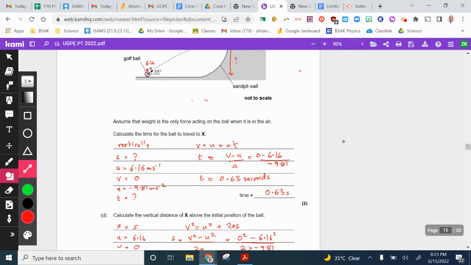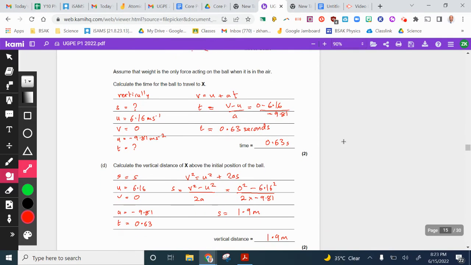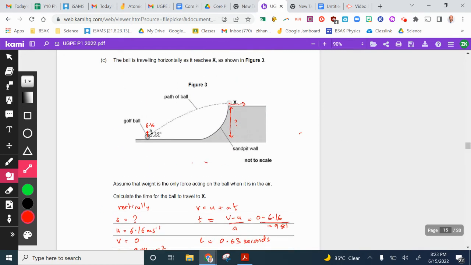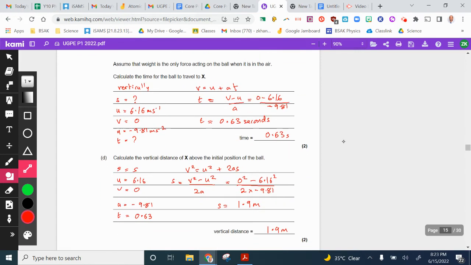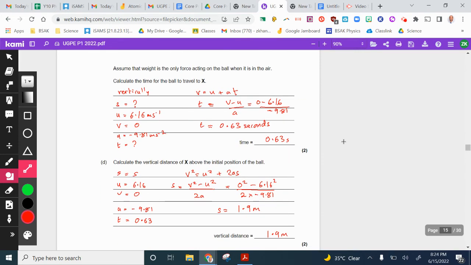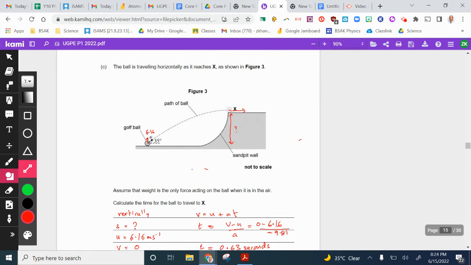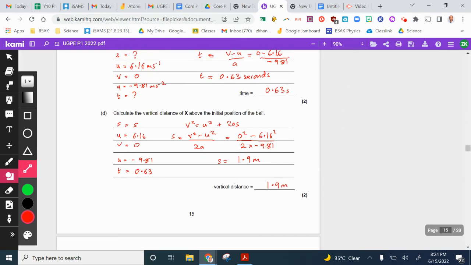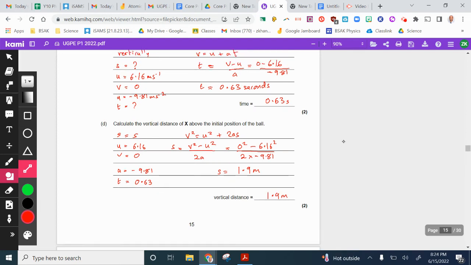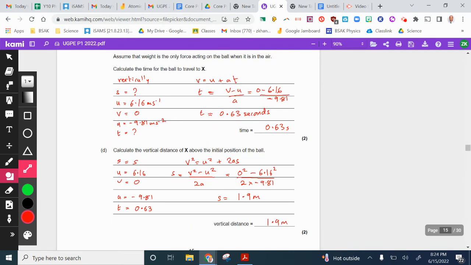Okay, now part D says calculate the vertical distance X above the initial position of the ball. Remember we said that's a question mark, we don't know that. That's what we want to find now. We know the initial vertical component is 6.16. The final vertical component is 0 meters per second because it's moving horizontally at the point of X. Acceleration is minus 9.81. Time we've just worked out is 0.63 seconds, but we don't really need that to do this.